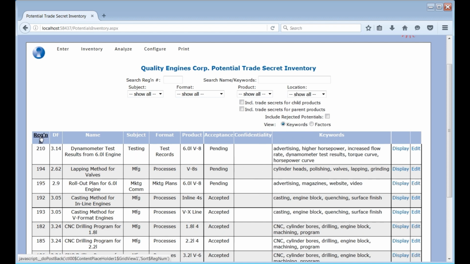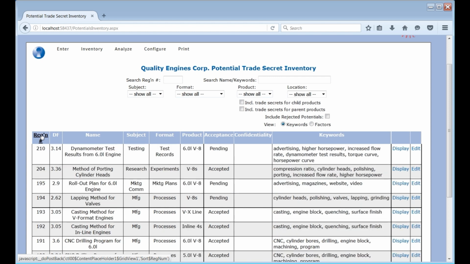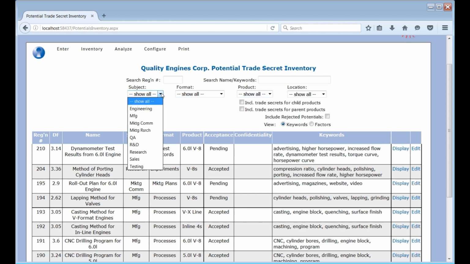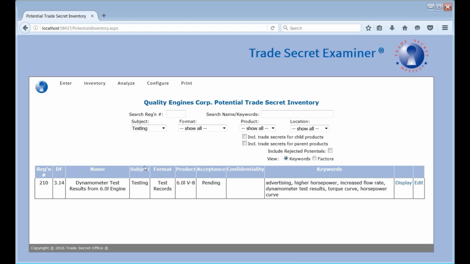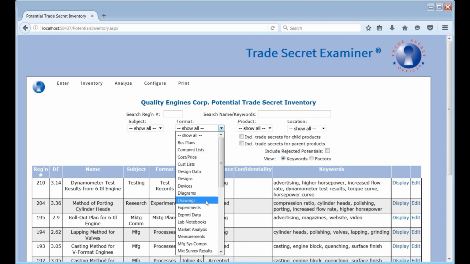I can sort them by registration number, from lowest to highest or highest to lowest, and highest to lowest puts our most recent one, the dynamometer test results, right there at the top. I can also show, for instance, just the testing trade secrets. And right now I just have one. I can show, for instance, the formats. And so I can show just the formats that I'm looking at.